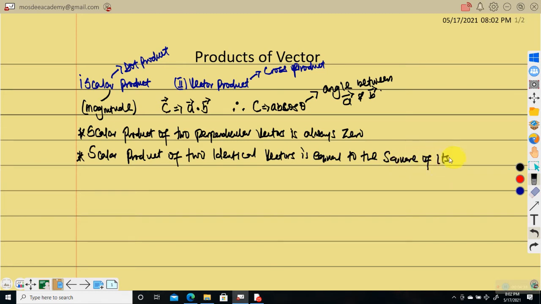This is another important point we need to always keep at the back of your mind. What am I trying to say there? Maybe I should bring some light into that. Maybe we have two identical vectors. Let's say we have vector A. We have the scalar product of vector A multiplied by vector A.